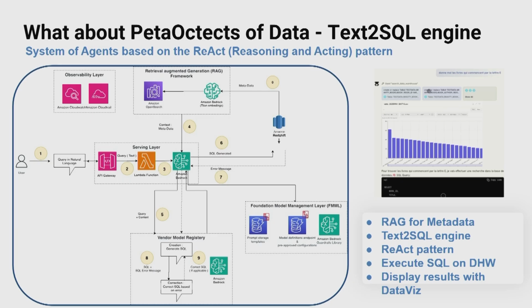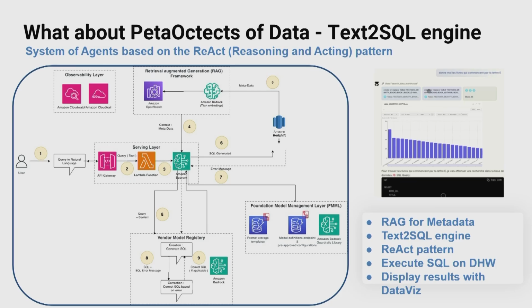It's quite common. So what we did is create a system of agents based on the ReAct pattern. ReAct is reasoning and acting, and it's what you see on the bottom. When you send a query to the database, if the query is not valid, you will get a SQL error, row number 7.